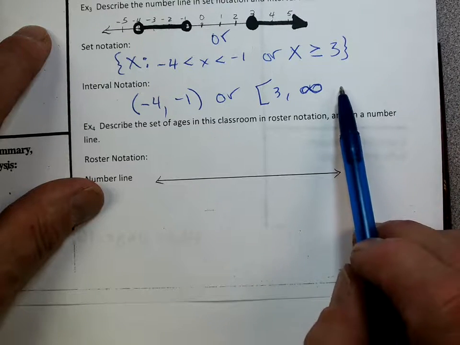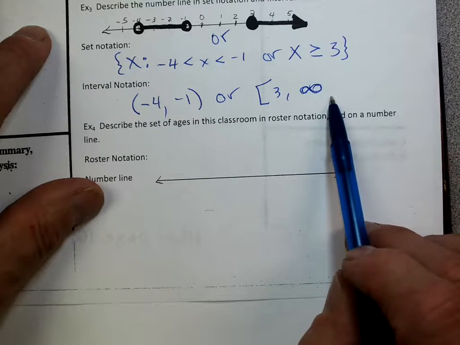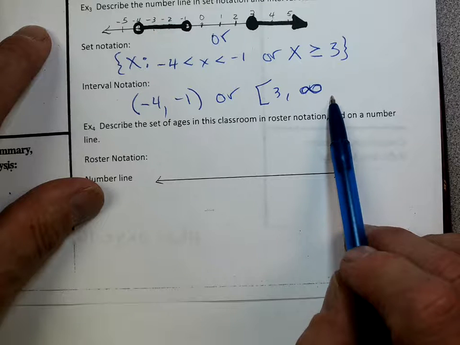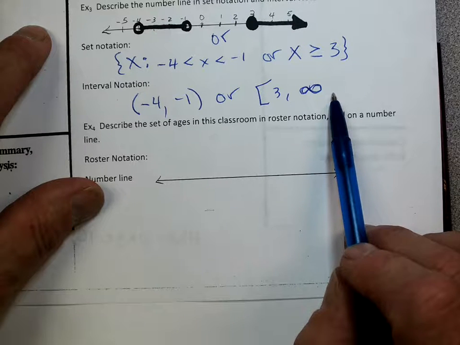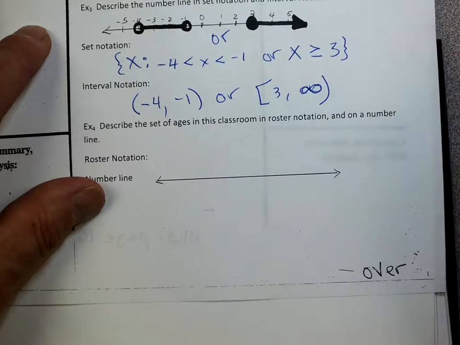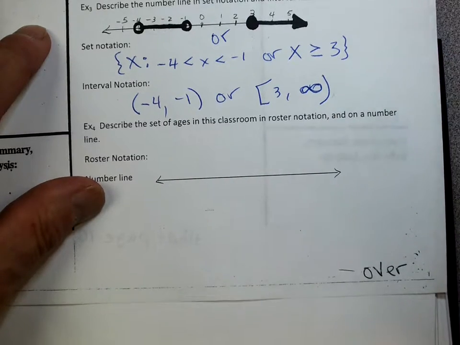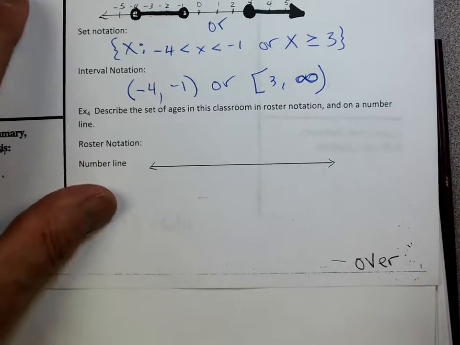So do I use a bracket or a parentheses here? Can you ever get to infinity? No. If you could get there, you could put a solid dot, but can you ever get to infinity? Can't get there. Parentheses. You can never get to infinity. Infinity is not a number.